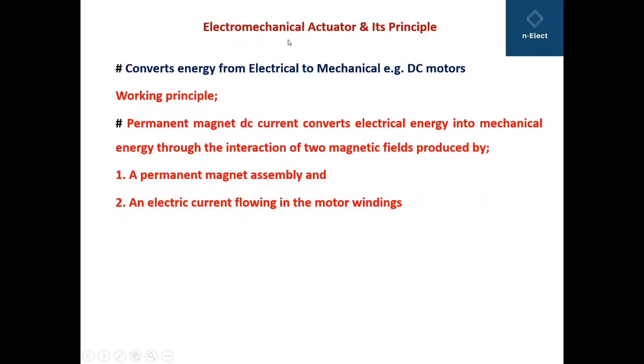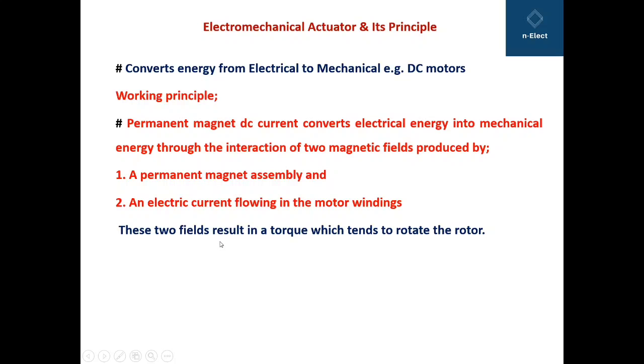Working principle of electromechanical actuator is: a permanent magnet DC motor converts electrical energy into mechanical energy through interaction of two magnetic fields. One is produced by a permanent magnet assembly and the second one is produced by an electric current flowing in the motor windings.